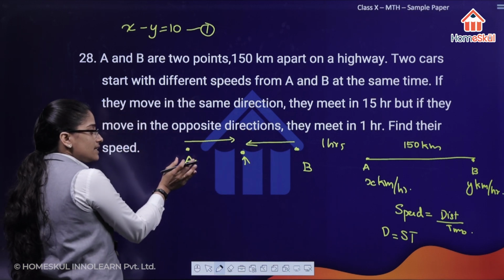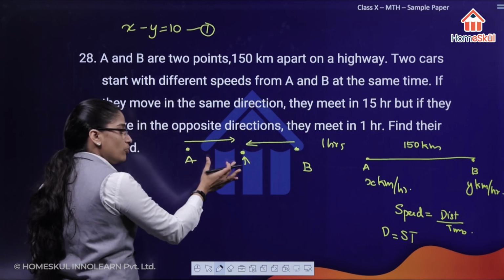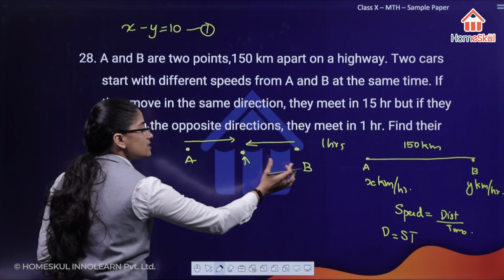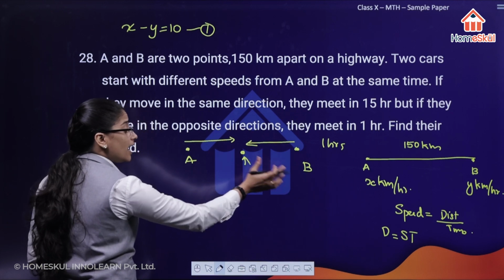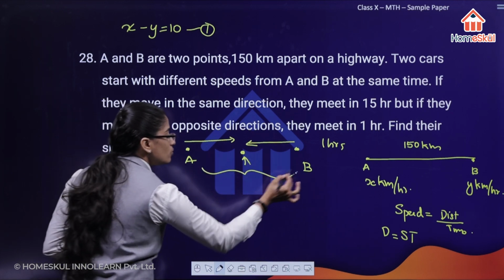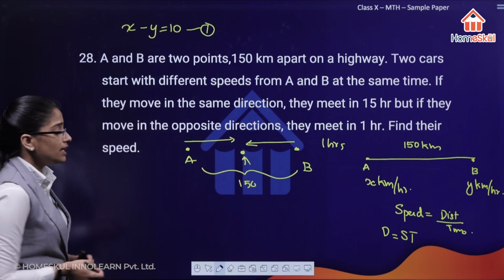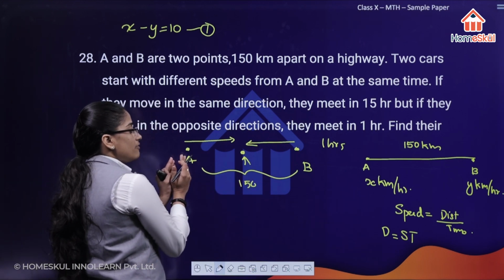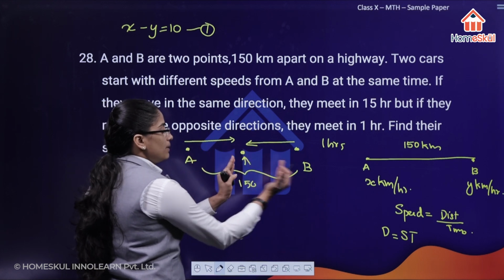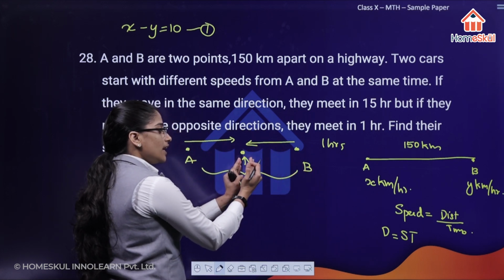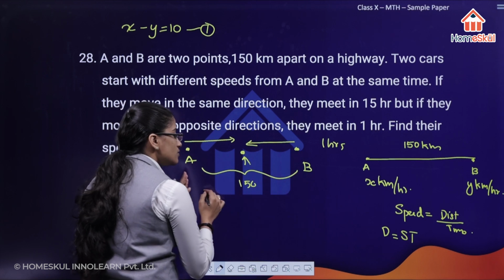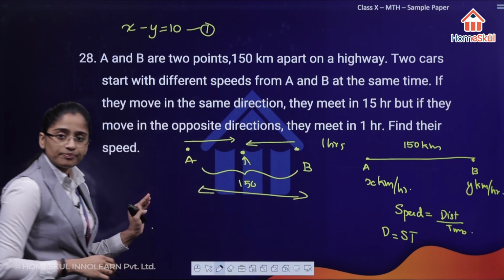That means the distance traveled by car A in 1 hour plus the distance traveled by car B in 1 hour is equal to the distance between these 2 points, that is 150 kilometer, right? It is equal to the total distance between them, isn't it?